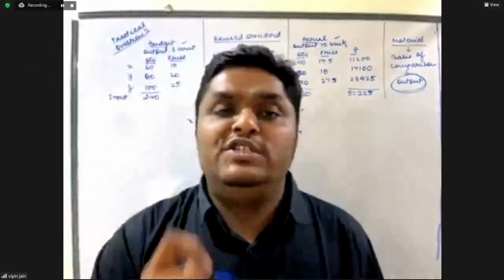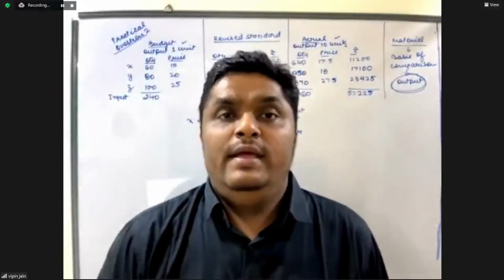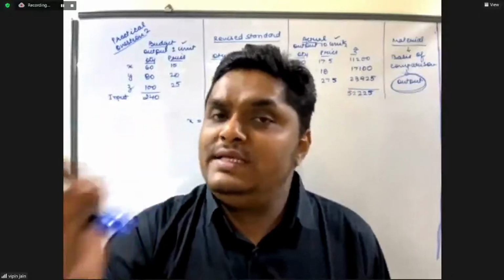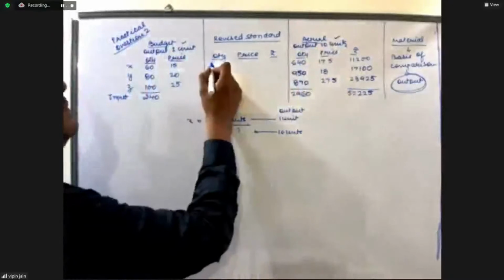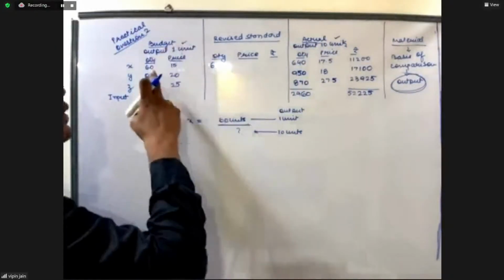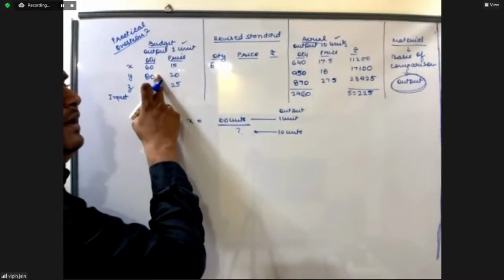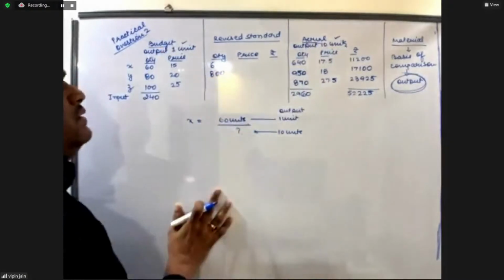In simple and easy language, 60 units are needed to make one unit. So for 10 units, how much? Very simple, 600. Again, 1 unit requires 80 units of raw material. So for 10 units, how much will be required? 800 units.